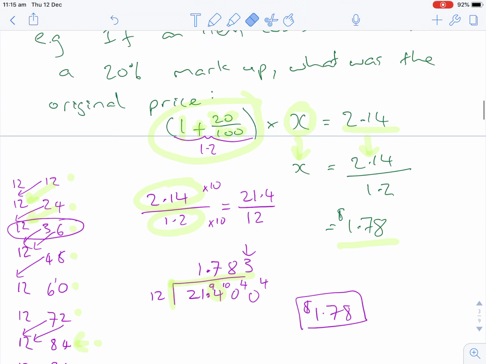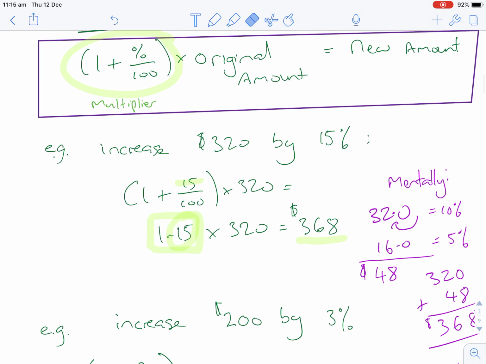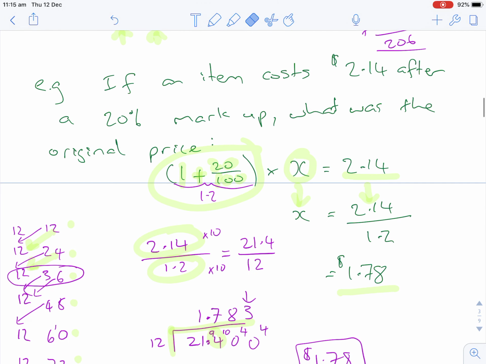Same with those initial questions. I will skip back up here because I forgot to mention that. Same when we did the questions where they give you the increase, like this one where they say if an item costs so much after a markup, and we had to go back and find the original price. It's the same deal. Sometimes people want to say, well, if it was a 20% change, then I'll find 20% of this because that's easy. 10%, move the decimal one spot, double it, and I'll just take that off.